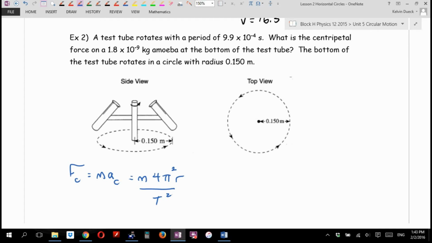Did they give me the mass, m? Yeah. Did they give me r, the radius? 0.15. Did they give me the period? I'm going to ask everybody, try this on your calculator, because many of you are going to get an error, and you want to find out now. So get your calculator out.